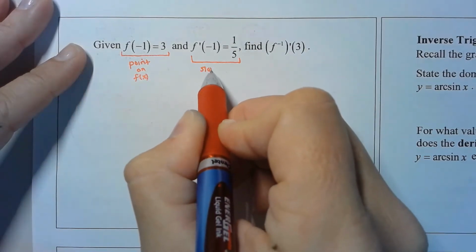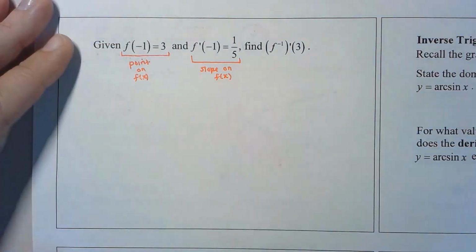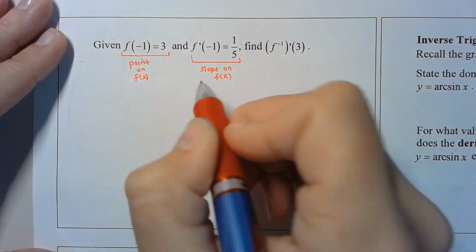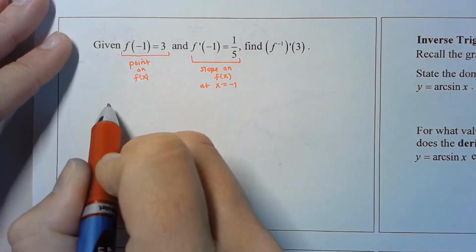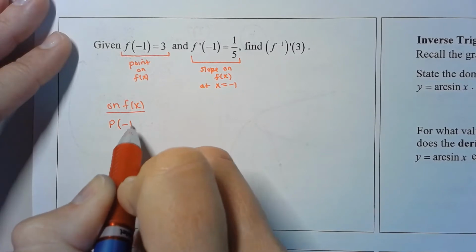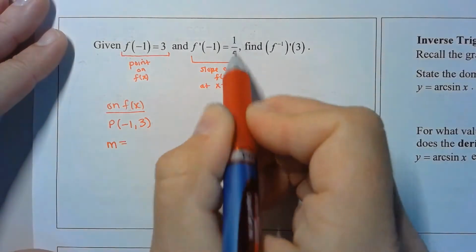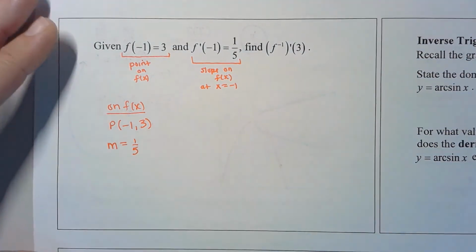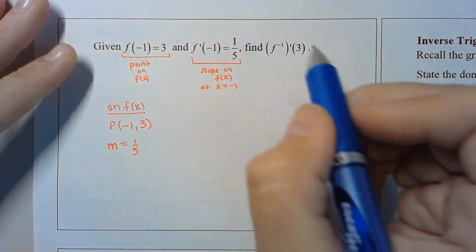Here's the slope on f at that point. Let's just write this down. So on f of x, I have a point, (-1, 3), and the slope there is 1 over 5.